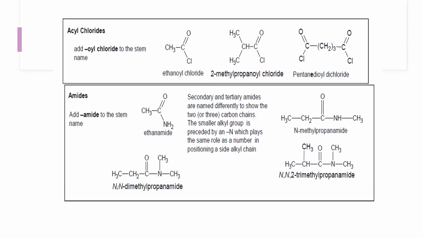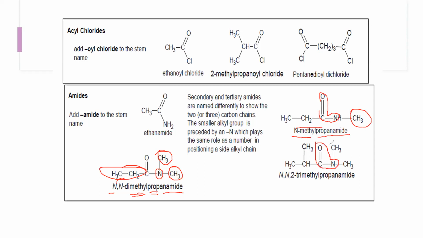We use the letter N, like N is attached with methyl and N is attached with methyl. So N,N-dimethyl, and 3 carbons, so it is propanamide. Same way, if we have C double bonded with O and N with a methyl group attached, N-methyl, and 3 carbons, it will be propanamide.